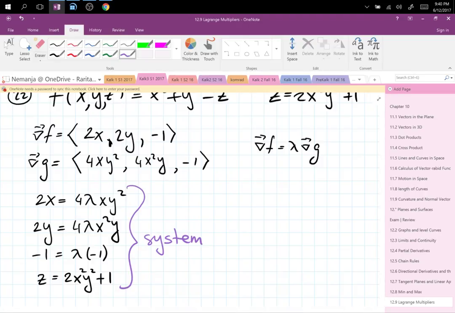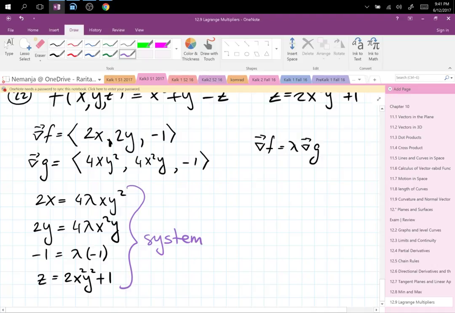So where do you start solving this system? This one is really nice. So where do you start? Line 1, line 2, line 3, line 4? Line 3? Why?